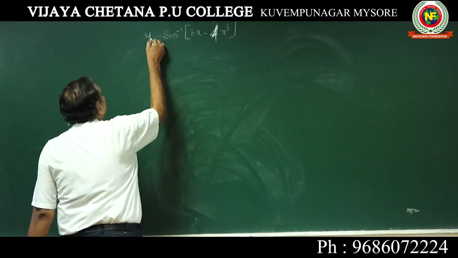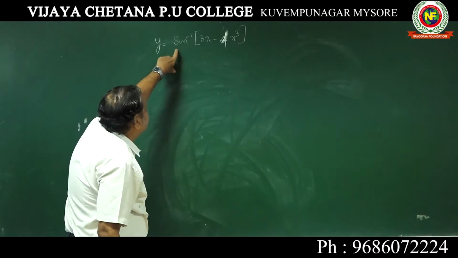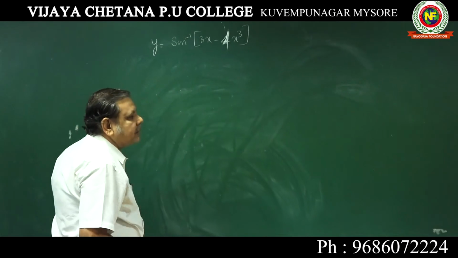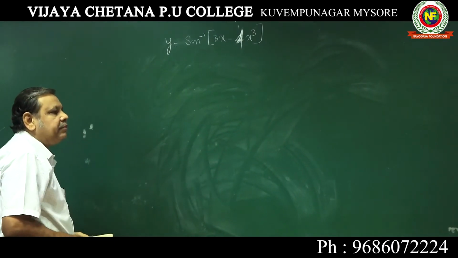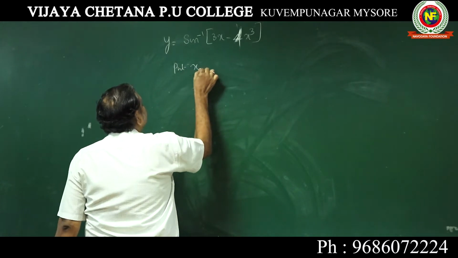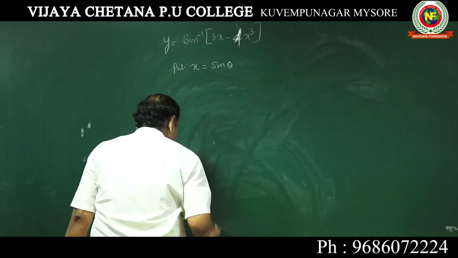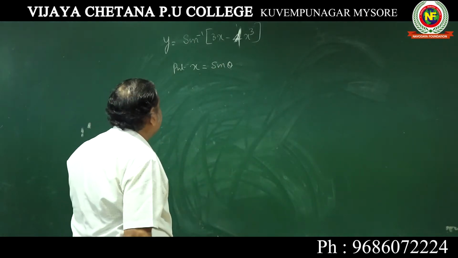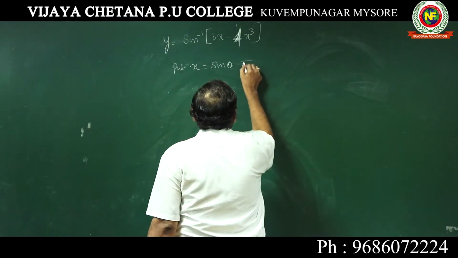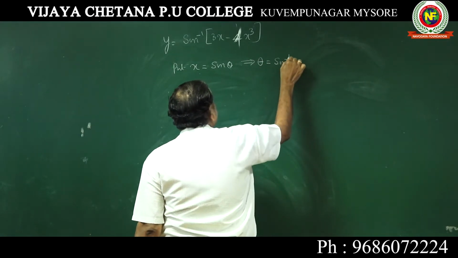Take it as y. Again I repeat the problem. Differentiate sin inverse of 3x minus 4x cube. As I said, in a few exceptional problems you have to put x equal to sin theta. Normally, whatever is there, in that you put it. Put x equal to sin theta, and this implies theta is equal to sin inverse x.